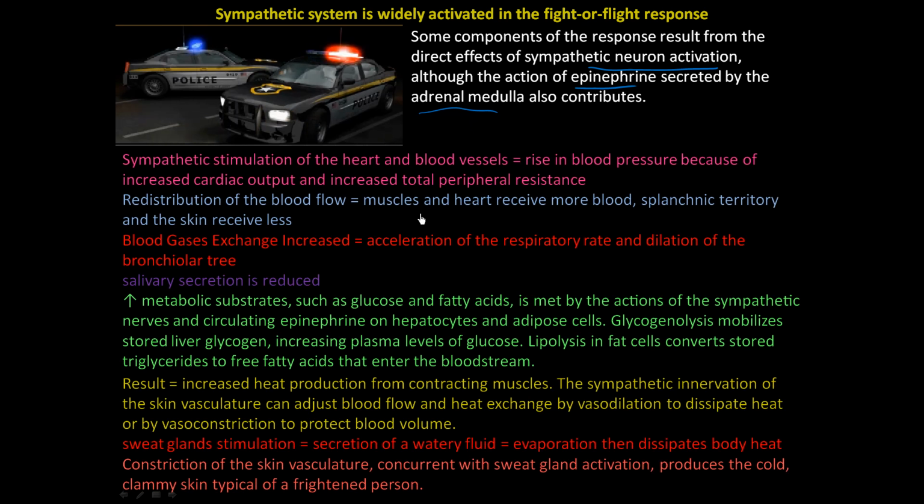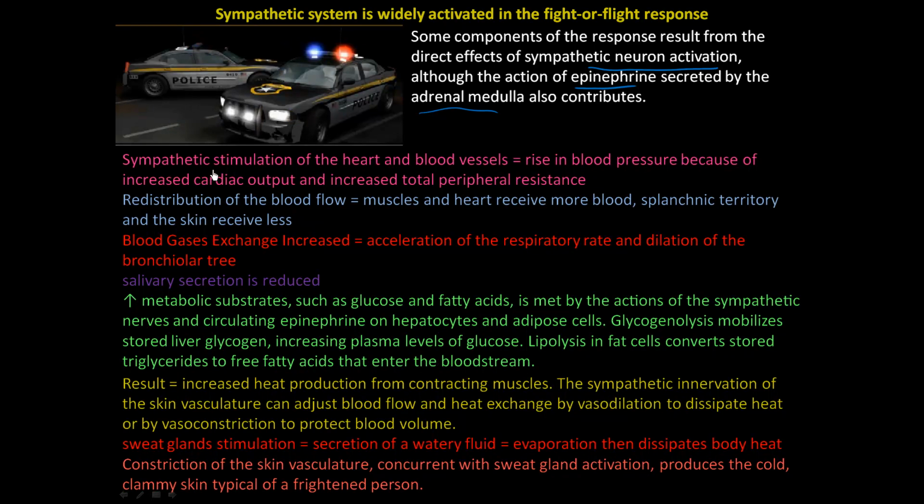And so what happens is that there are some components of the response that result from the direct effects of the sympathetic neuron activation, although the action of epinephrine is also secreted by the adrenal medulla. So the sympathetic nervous system and the epinephrine or the norepinephrine secreted from the adrenal medulla also play a role in this fight or flight response. Okay?